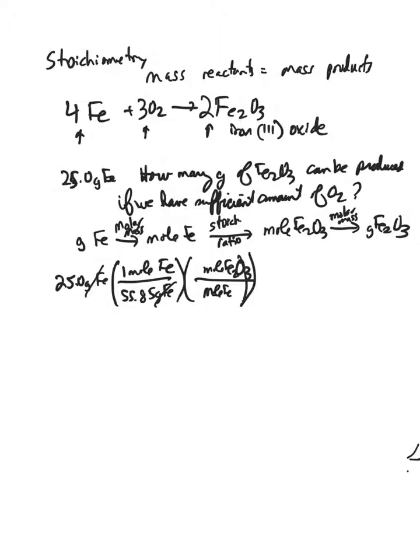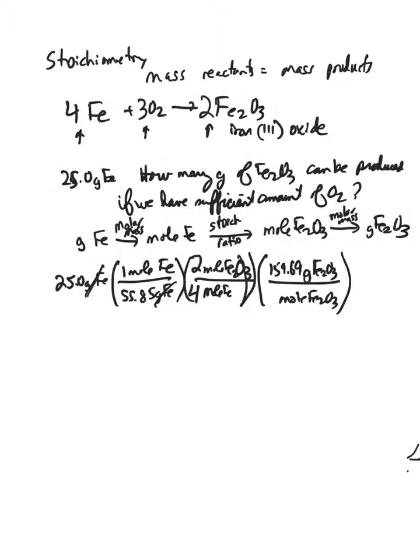Now to do that, we need our stoichiometric ratio. That says that 2 moles of Fe2O3 are produced for every 4 moles of iron that's reacted. And then we can convert to grams Fe2O3 by using the periodic table and calculating the molar mass of Fe2O3. And that happens to be 159.69 grams of Fe2O3.